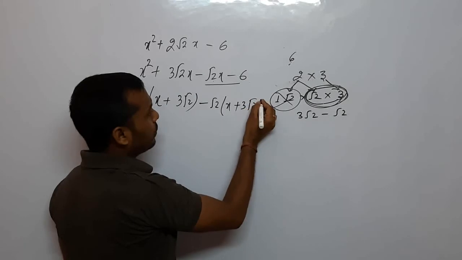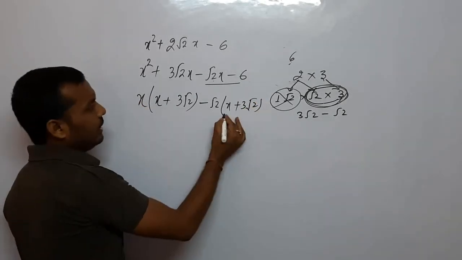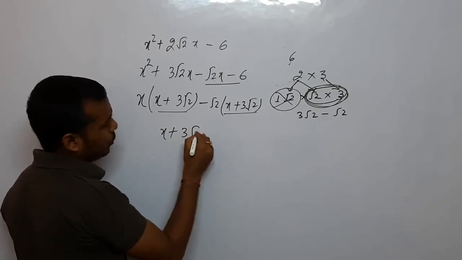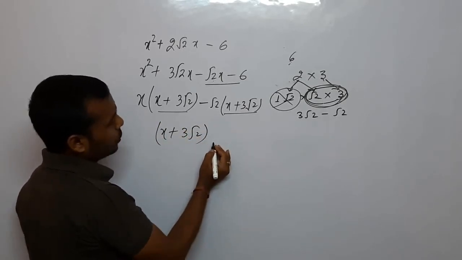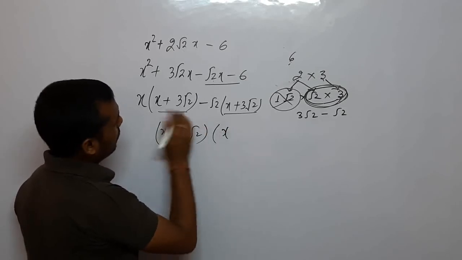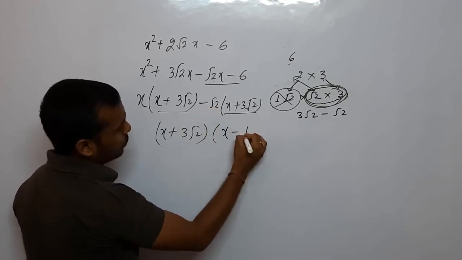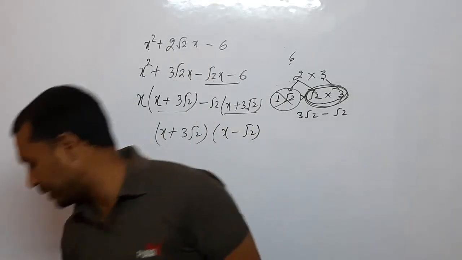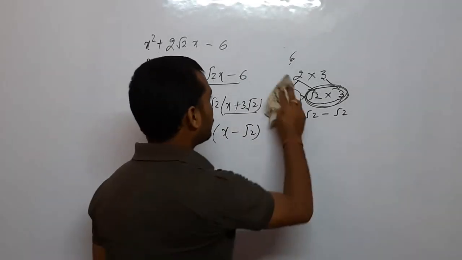Again, x plus 3 root 2, and here also x minus root 2. So in this way we have completed the factorization.